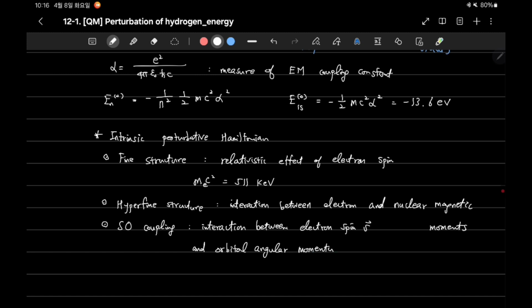And also the other one is the Lamb shift.